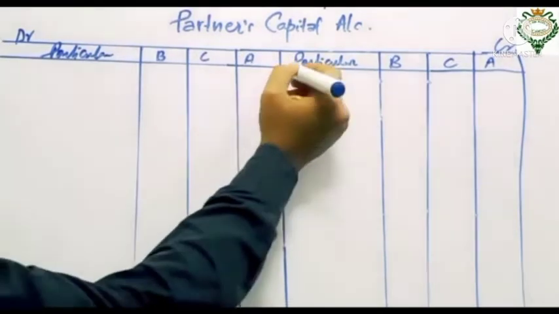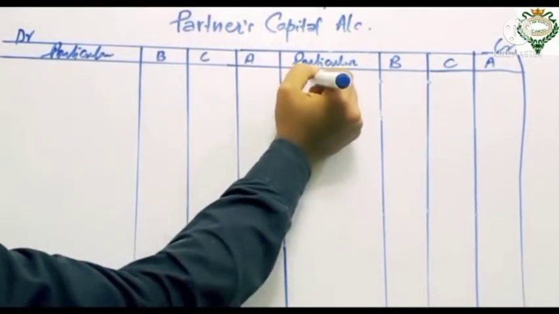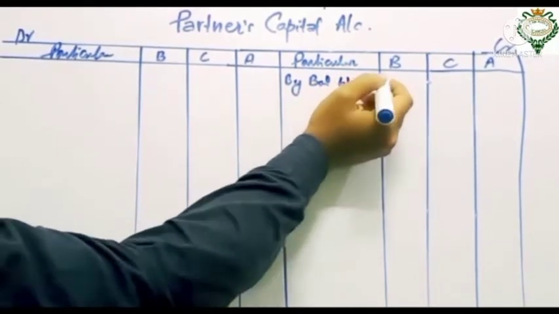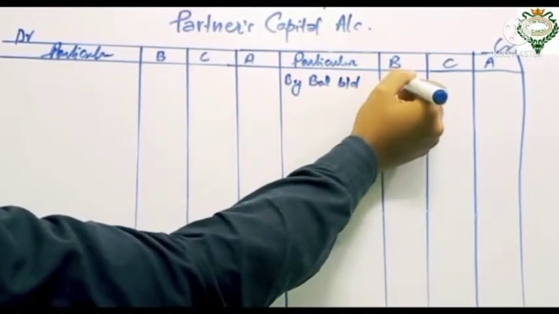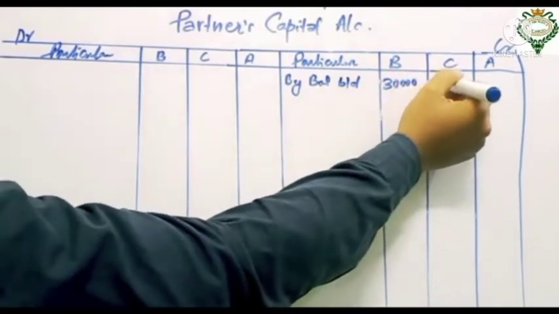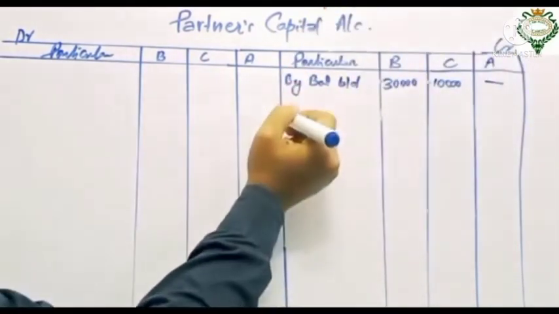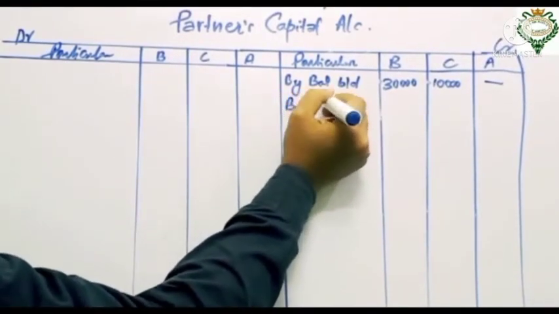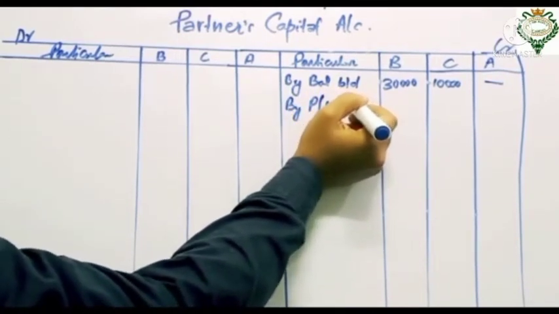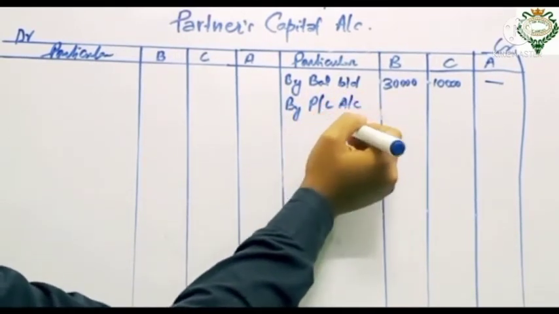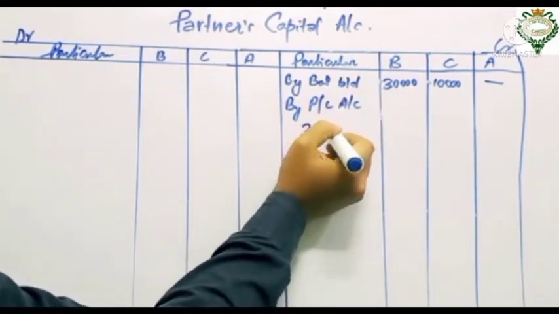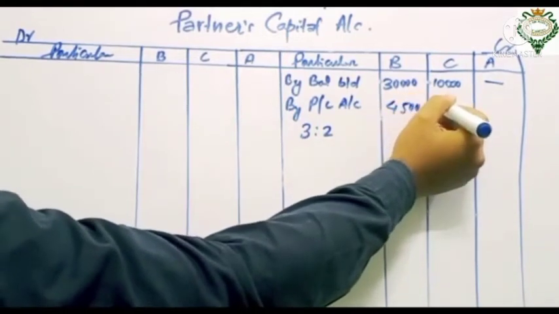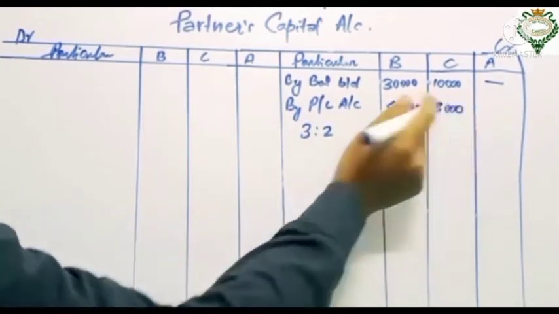Now come to the partners' accounts. Here by balance b/d, that is the opening capital of B and C. B's capital is 30,000 and C's capital is 10,000. Afterwards, profit and loss account, which is given in the balance sheet, we have to divide in the ratio 3:2. That means B will get 4,500 and C will get 3,000.